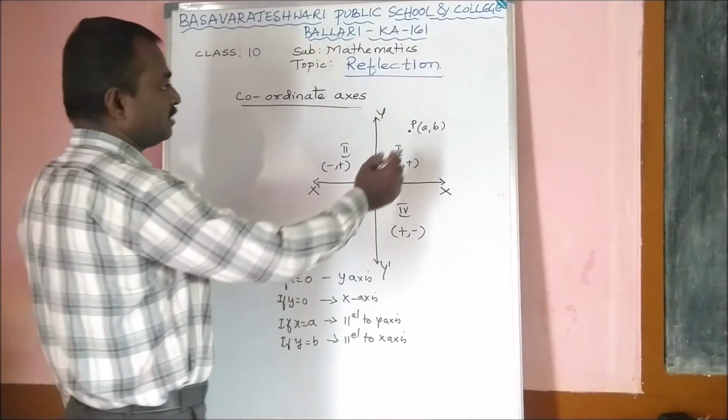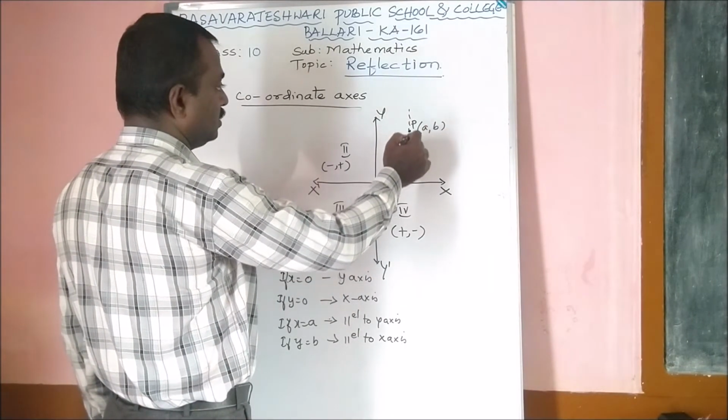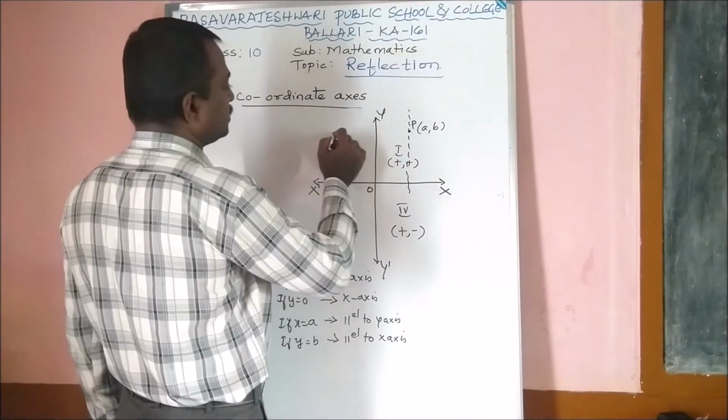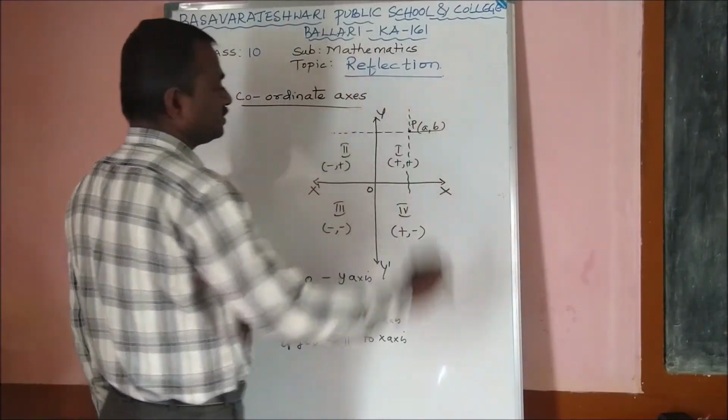So if a is there, it is parallel to y axis. If b is there, it is parallel to x axis.